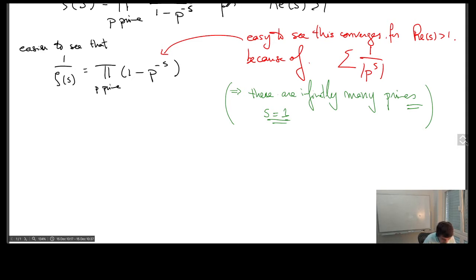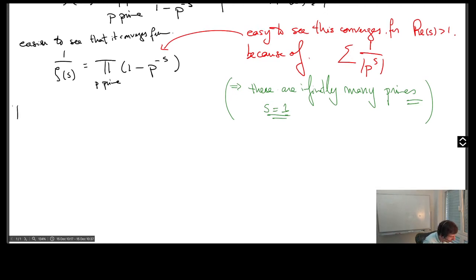Okay, so how do we prove something like this? It's easier to see that it converges from this expression. How do we prove this? This is easy to show.